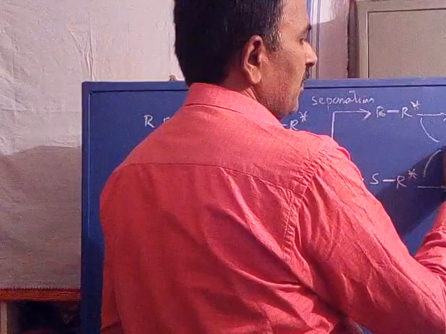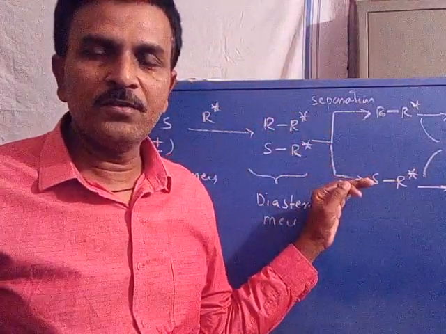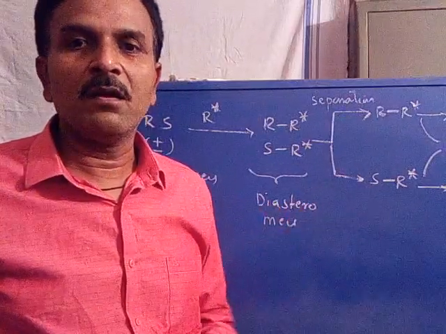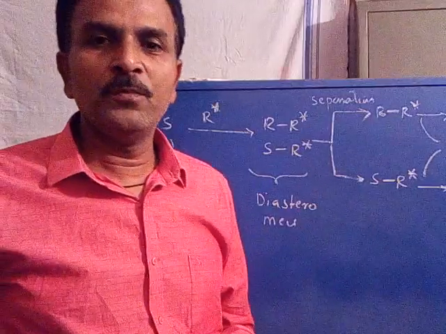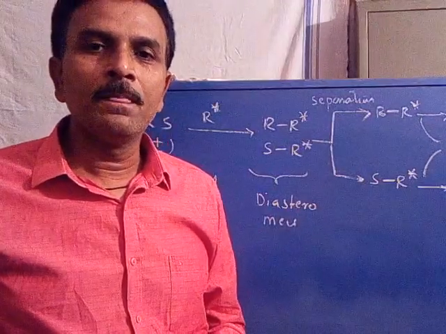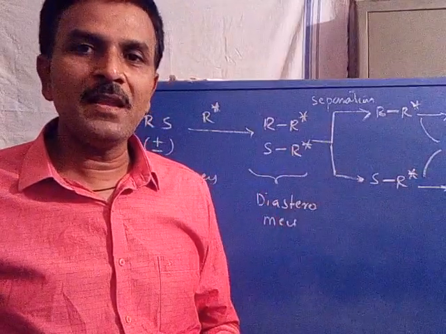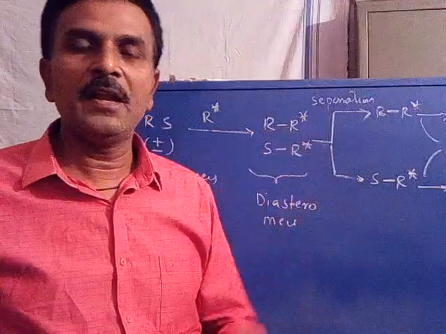Here it is R star. After separation of the diastereomers from each other, the group R star, which we added initially to transform the enantiomer into diastereomer, will be detached from the separated diastereomers to get the R isomer and S isomer separately.